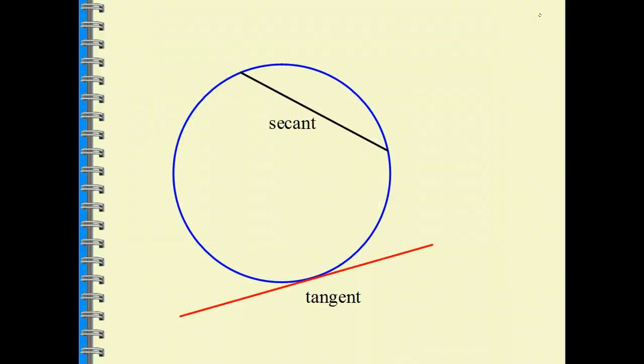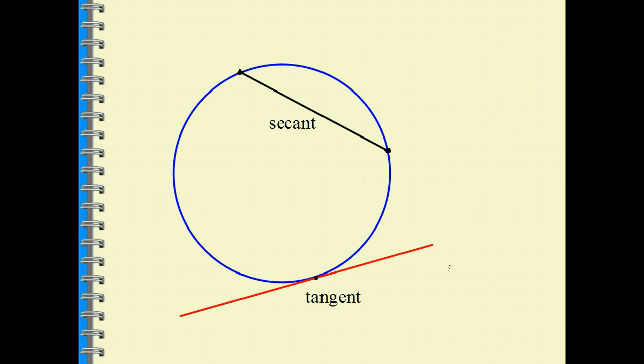Now, in geometry, typically we talked about circles when we used secant and tangent lines. A secant line was joining any 2 points on a circle. In order to do that, you would have to go through the inside of the circle, and this line could continue on past those 2 points, but the main definition of a secant line is just to join 2 points of a circle, whereas a tangent line is a line that only intersects 1 point of a circle.